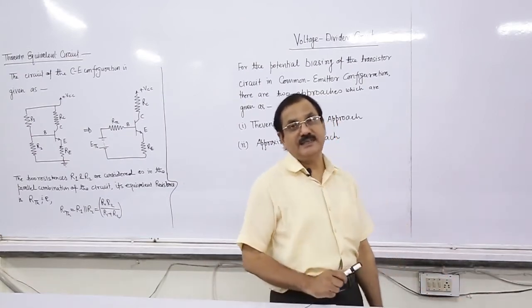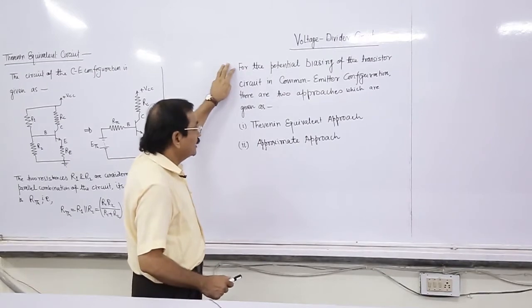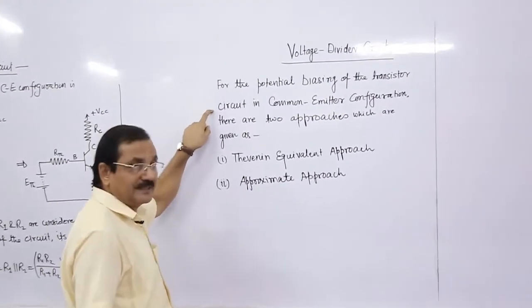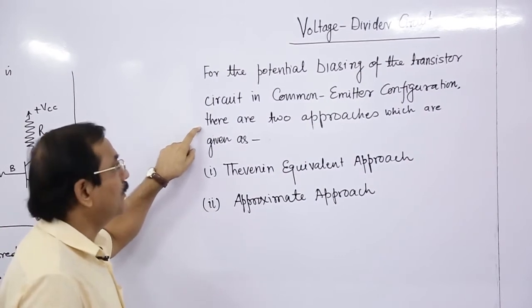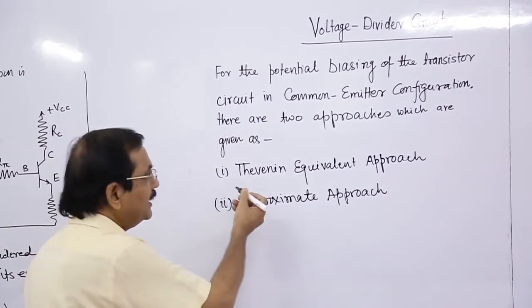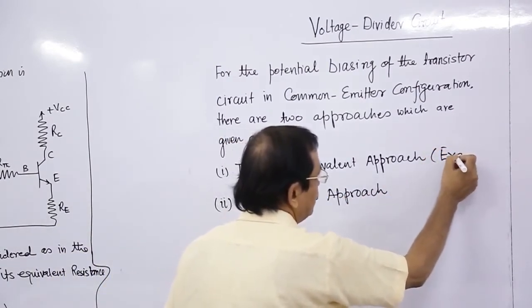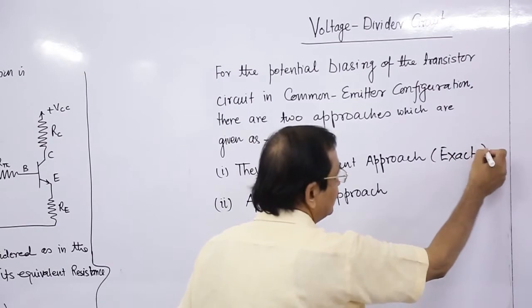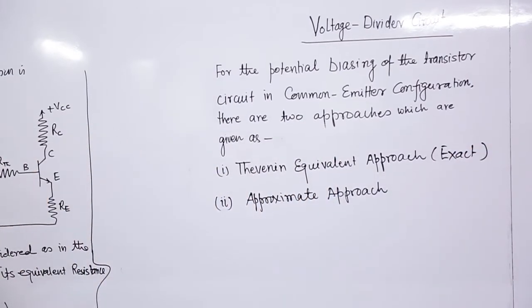So let us see how this is going to happen. For the potential biasing of a transistor in common emitter configuration, there are two approaches: the Thevenin equivalent approach, which is called the exact approach, and the approximate approach.